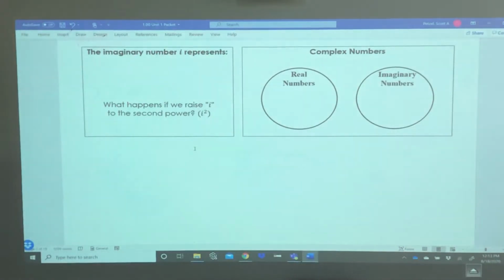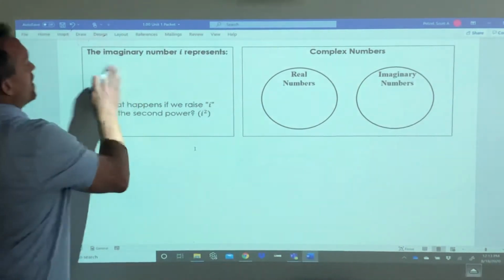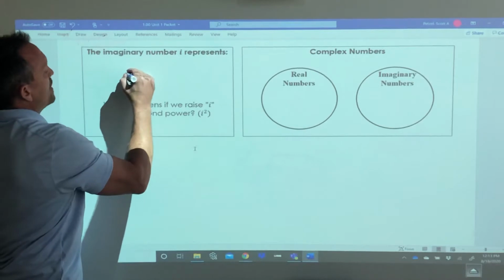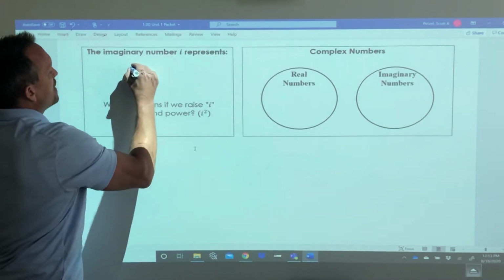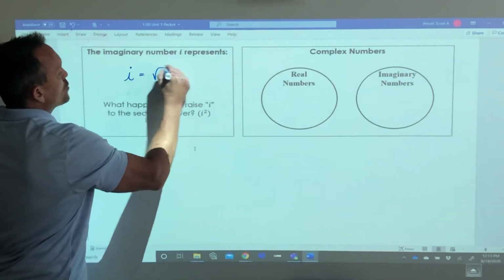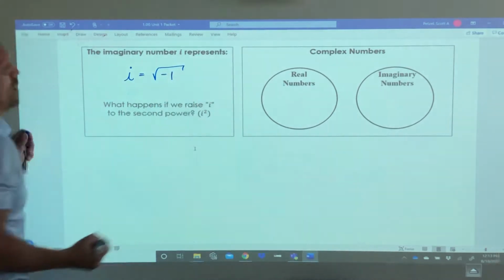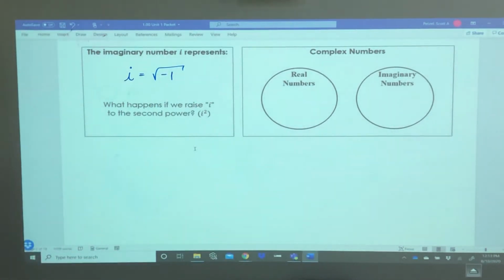All right, the imaginary number I is represented. Okay, so we need to talk about this. The imaginary number I will be represented as I will equal the square root of -1. That is what I equals. Square root of -1.